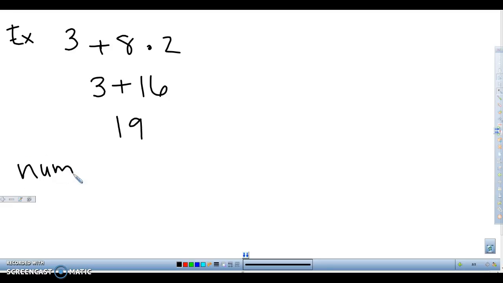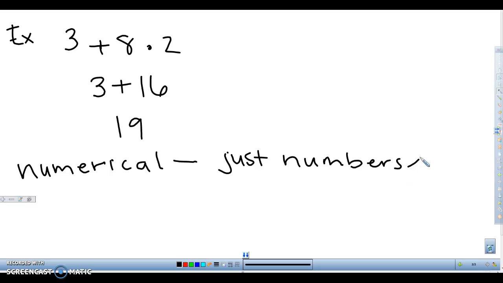Numerical expressions, which was one of your goals to be able to simplify, just means that they're just numbers. So this expression above here, 3 plus 8 times 2, is a numerical expression.